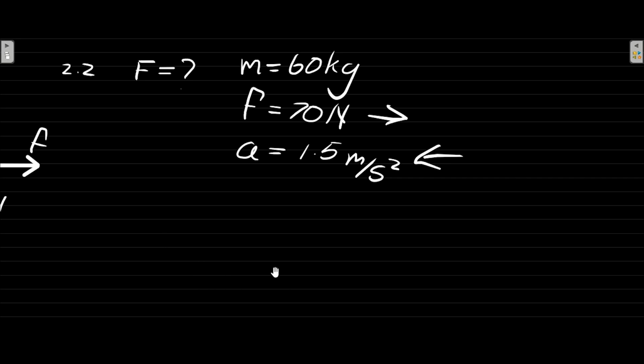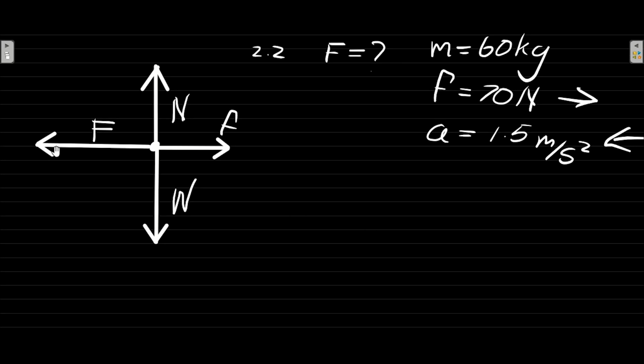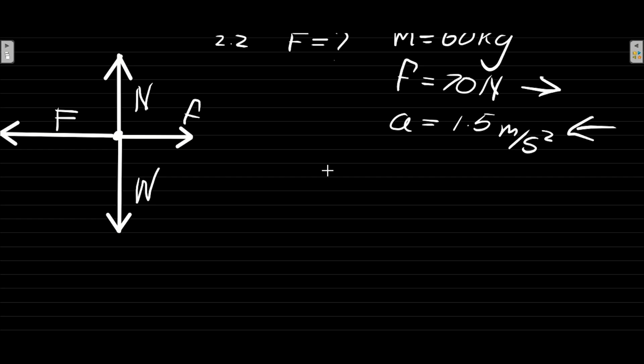So if we check this line where there's movement, that's our x-axis. First we have to state which direction we are going to analyze this question. So it's up to you to choose whether you want to analyze left as positive or right as positive. I'm going to choose left to be positive. Why?